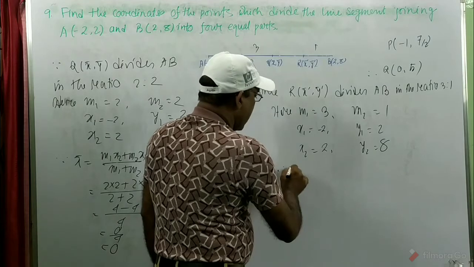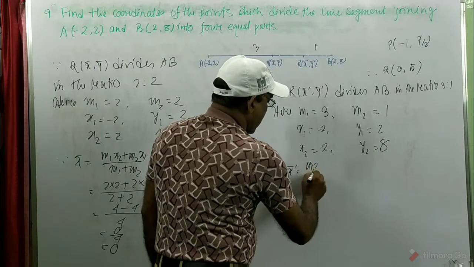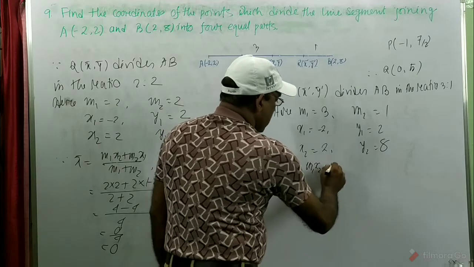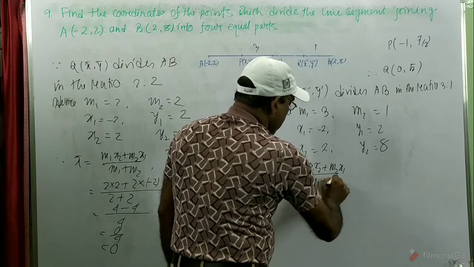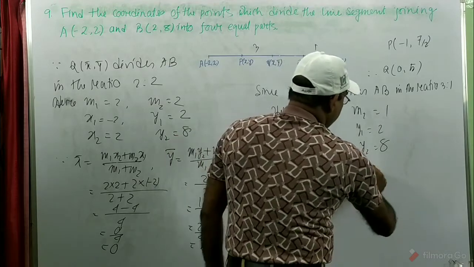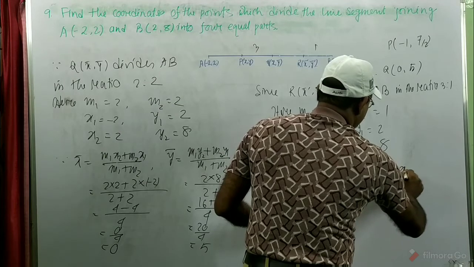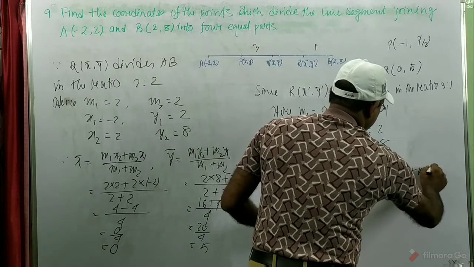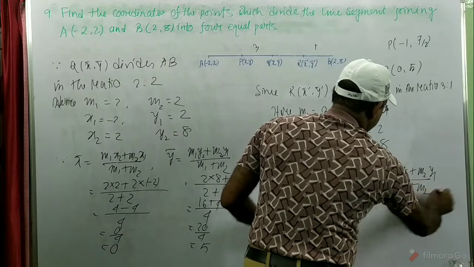Since X bar dash equal to (M1 X2 plus M2 X1) by (M1 plus M2), Y bar dash equal to (M1 Y2 plus M2 Y1) by (M1 plus M2).